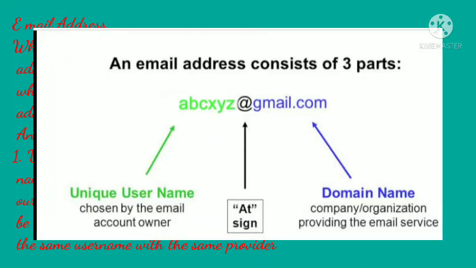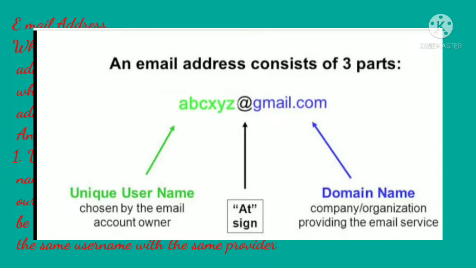Username is the unique name selected by the user and it is the real name or any other favorite name of the user. In case of business, it may use any themed name or the company's legal name as username. It is the first part of our email address.